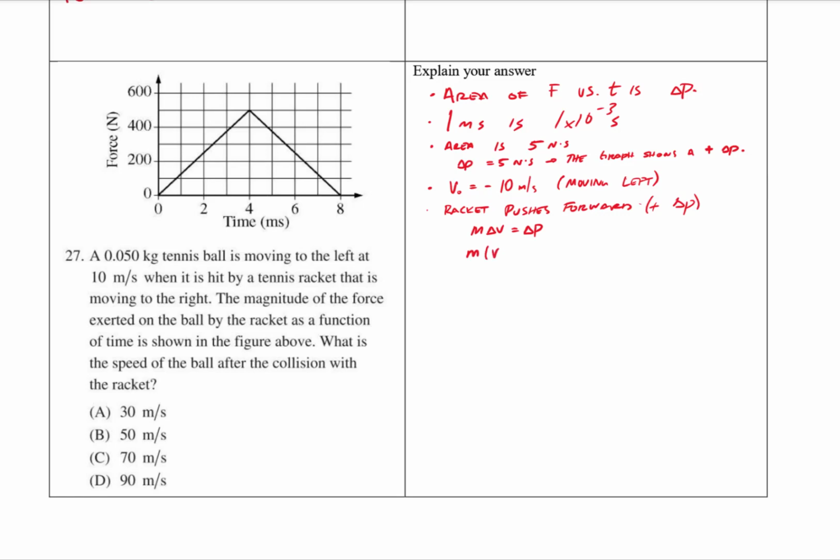So mass times change in velocity is change in momentum. Mass times V final minus V initial is change in momentum. So V final minus negative 10 is equal to positive 5 over 0.05. So we divide 5 by 0.05, get 100. We apply those negative signs. So V final plus 10 is equal to 100. That makes V final 90 meters per second.